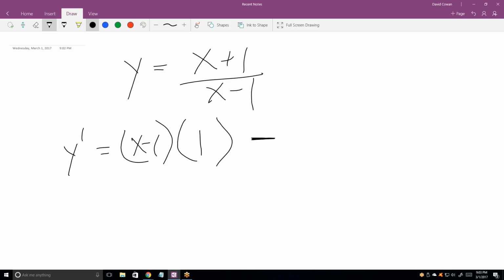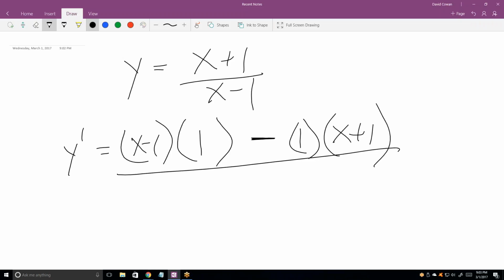Now do the reverse. 1 times x plus 1. Okay. All over x minus 1 squared. Now, notice that I can simplify the top quite a bit. I don't need that one, don't need that one.